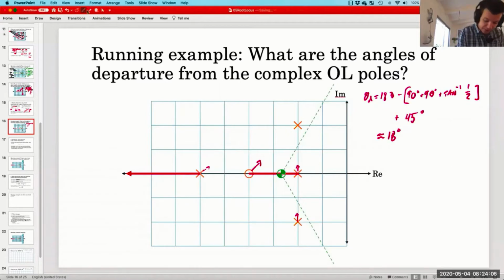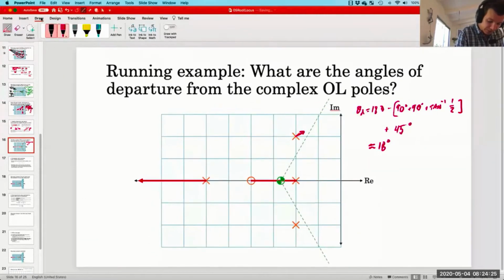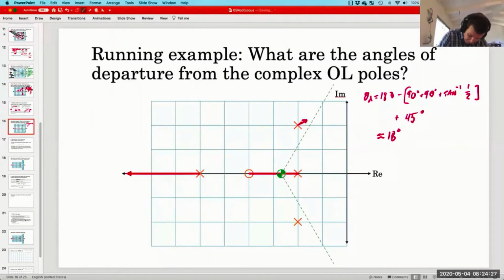Okay, so let's clean up our construction lines here. And I have to now draw a branch that is departing this open loop pole and whose angle formed with this grid line is approximately 18 degrees.